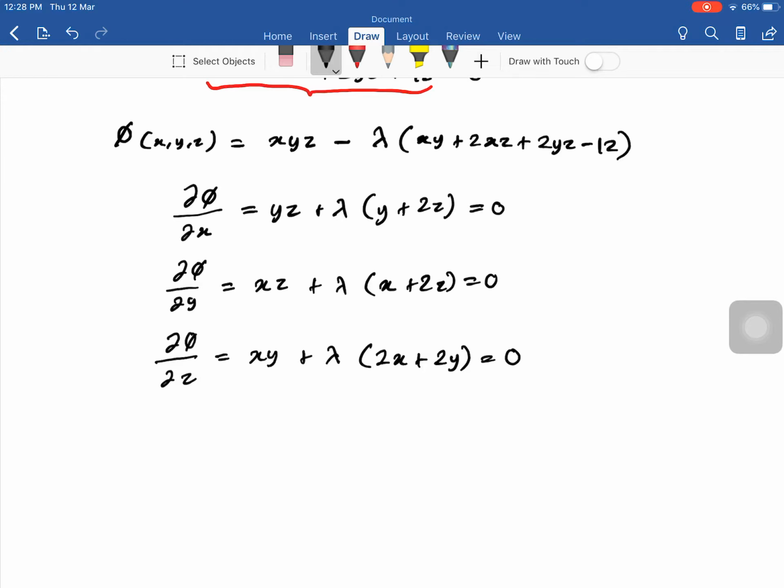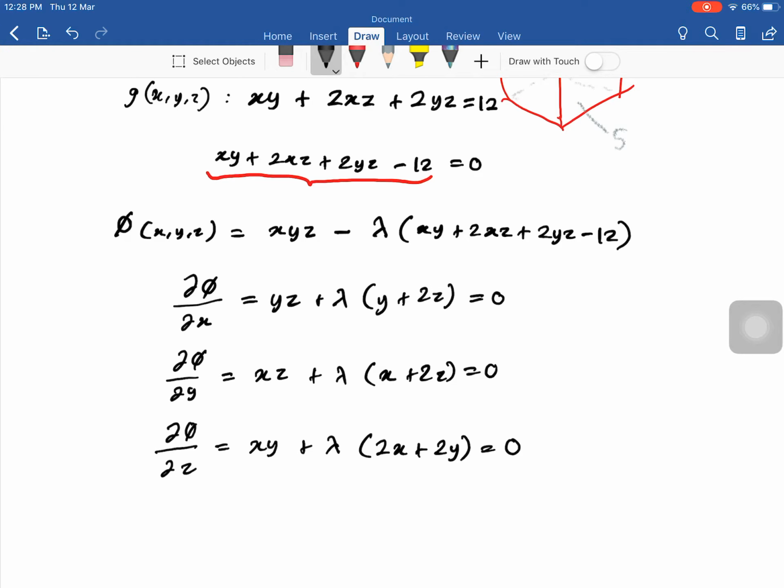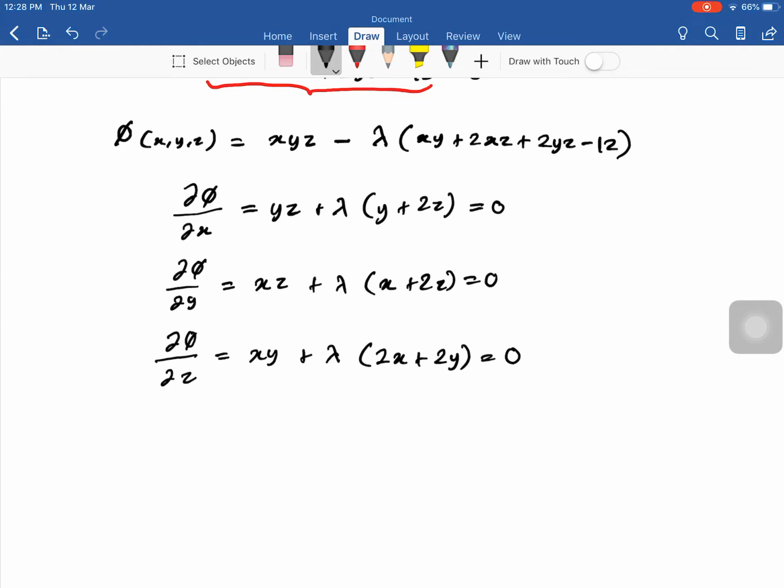Okay, now in order to solve this, we can use a very lengthy method, which is we find one by one, because we have three independent variables right here. Or we can use a creative method, but this is not applicable in all problems. This creative method is proposed in the book, so if not, we need to use the lengthy method.